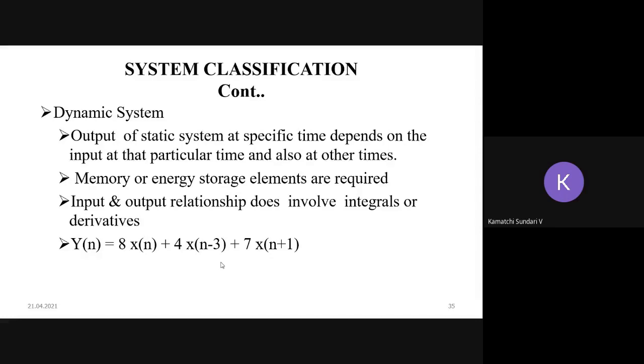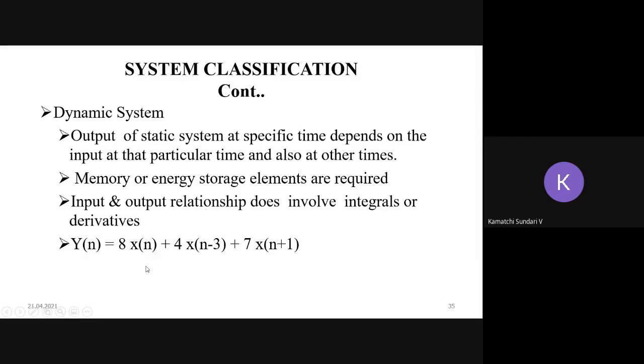And in this case, if you are dealing with such kind, then we are in need of memory to store the past values, isn't it? So memory or energy storage elements are required for the dynamic system. So here it will involve the integrals or derivatives if I am representing the input and output relationship. So this is the dynamic system.